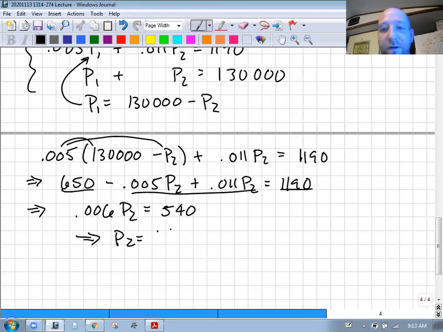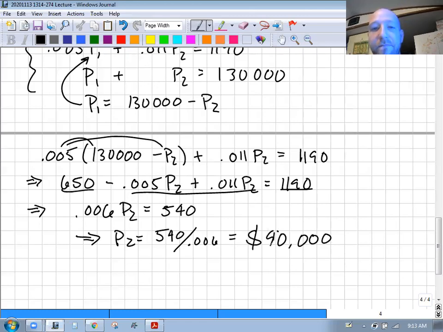P2 is 540 divided by 0.006, which is $90,000. So now that we know that, we can plug it in right here.